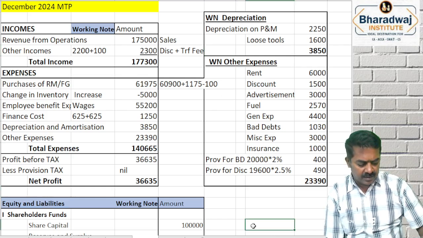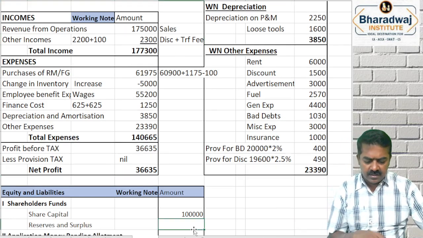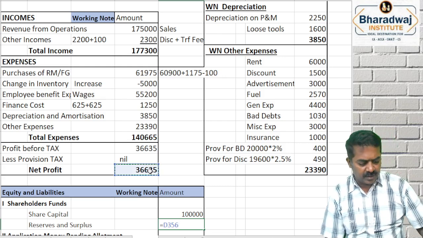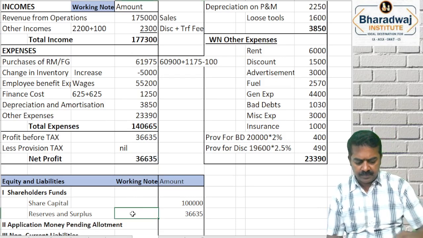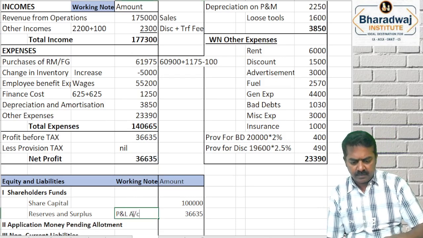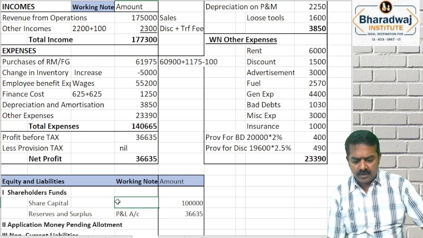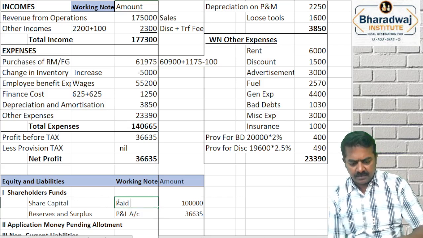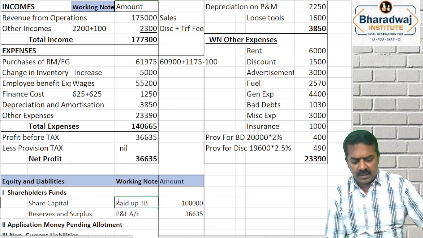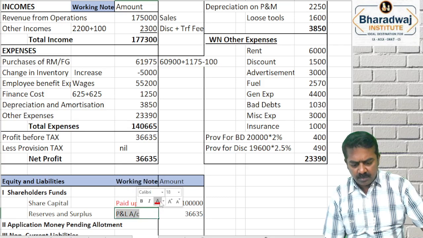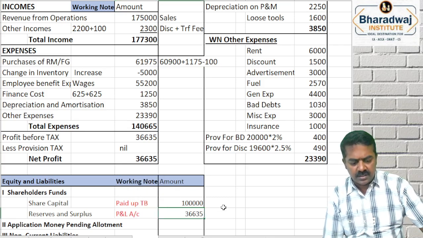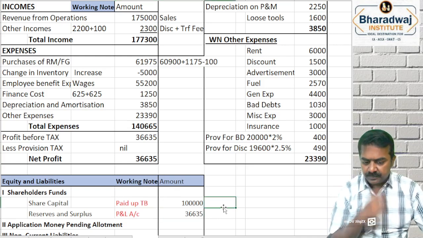So what will come in reserves and surplus? The net profit, the P&L account balance. Only the paid up capital will come, that is given in the trial balance. P&L account, of course, 36,365 will come.